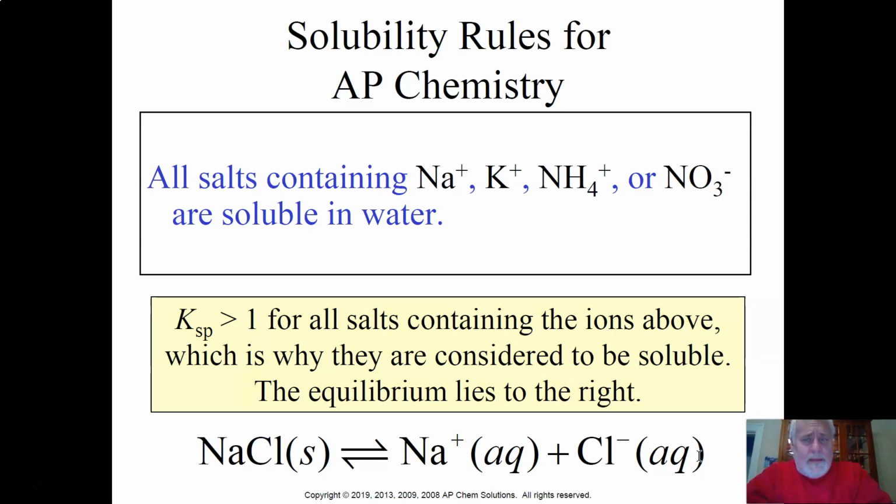When you see such a high degree of solubility, the KSP is going to sneak above 1, because you're getting all products, a big number on the top and a small number on the bottom.